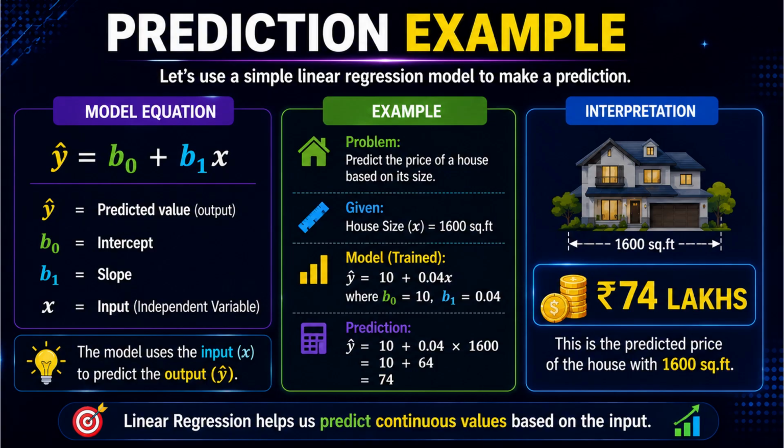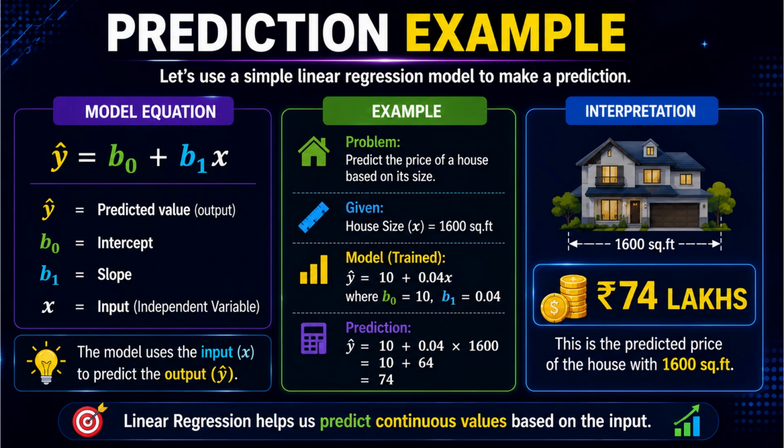So the model equation we have already discussed. The problem is to predict the price of a house based on its size. So house size given to us, for which we want to predict is 1600 square feet. And the model has already been trained and we've got an equation y is equal to 10 plus 0.04x, where b0 is 10.